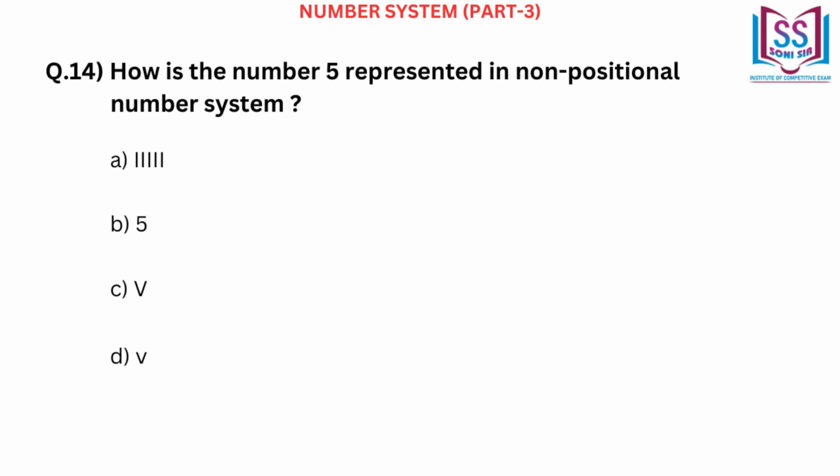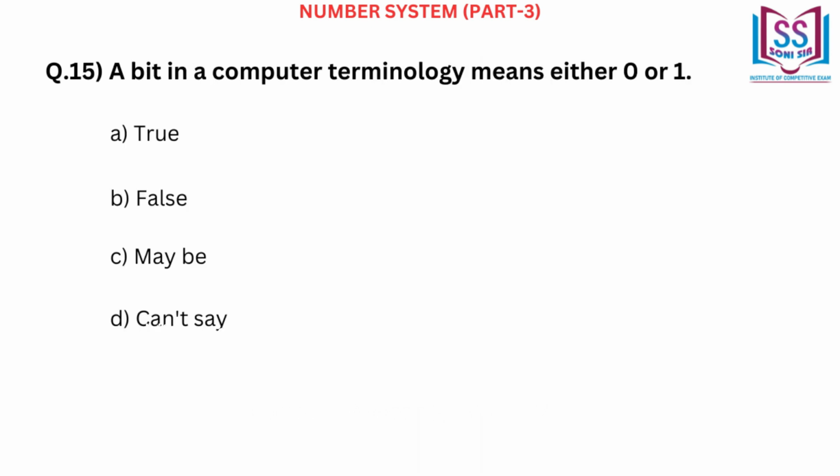A 5 times I, B 5, C capital V, D small v. Correct answer A 5 times I. A bit in computer terminology means either 0 or 1. A true, B false, C maybe, D can't say. Correct answer A true.